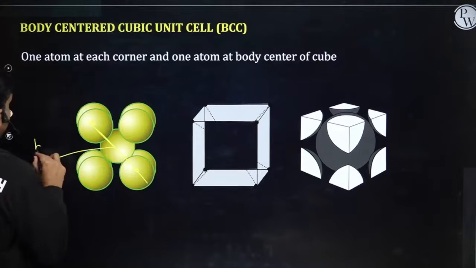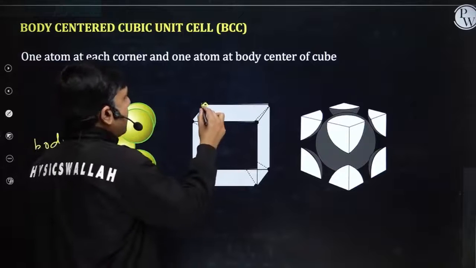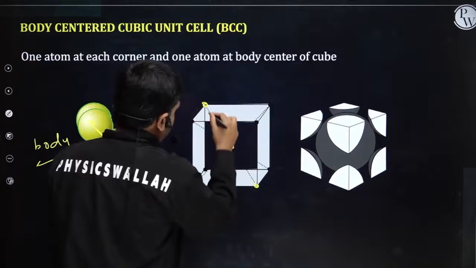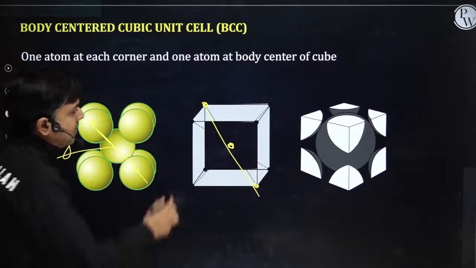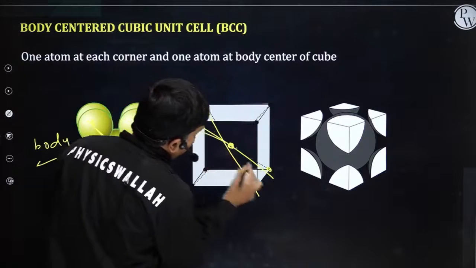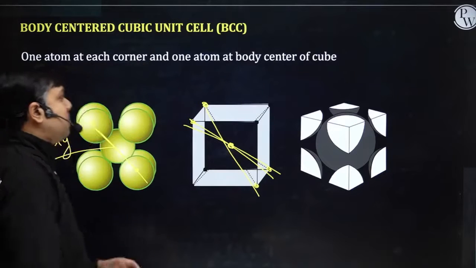This is my body center atom and it's touching along the body diagonal. Am I clear, students? Corner atom touches the body center atom along the body diagonal. Okay, let's move ahead.